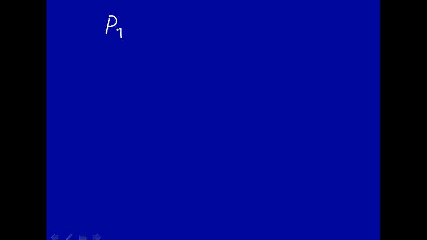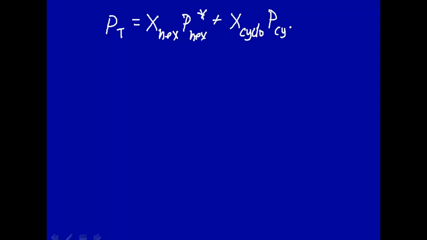So the total vapor pressure, that's what we want, is equal to the mole fraction of hexane times the vapor pressure of pure hexane plus the mole fraction of cyclohexane times the vapor pressure of pure cyclohexane. The mole fraction of hexane, well, actually we can't do that quite yet.